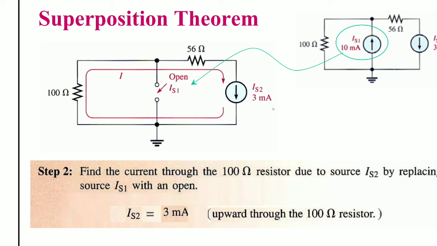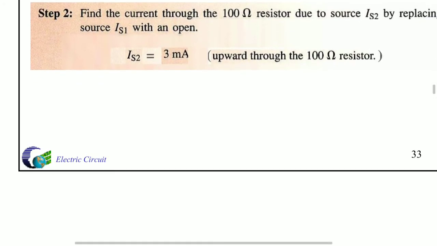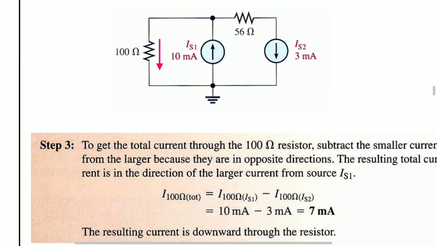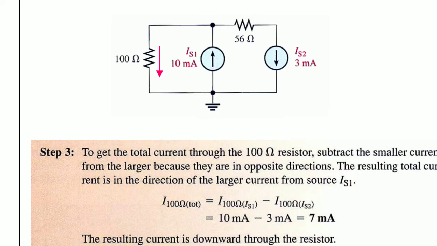From this concept, the first one is 10 milliamps, the second one is 3 milliamps. These both are in opposite directions, so we subtract. To get the total current through the 100 ohm resistance, subtract the smaller current from the larger, because they are in opposite directions.